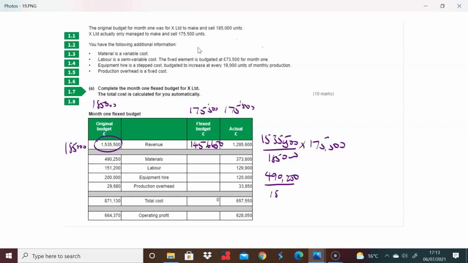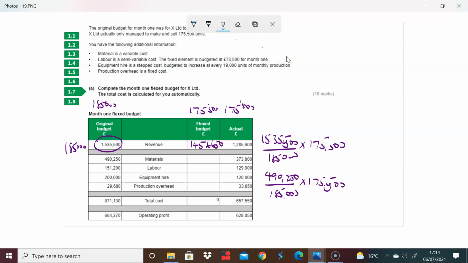490,250 divided by 185,000 times 175,500. Okay, so what do we have here? 490,250 divided by 185,000, and be careful, yes, that is 185,000.